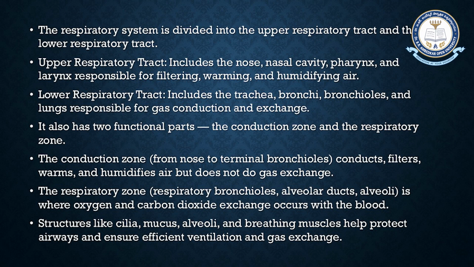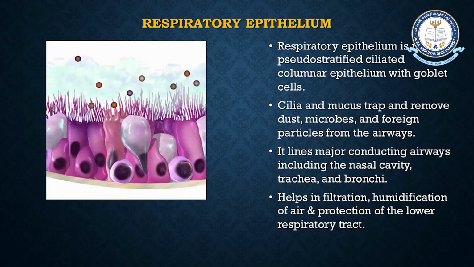While the respiratory zone is the zone which includes the respiratory bronchioles, alveolar ducts and the alveoli. They are responsible for the exchange of carbon dioxide and oxygen with the blood. Structures like cilia, mucus, alveoli and breathing muscles help protect the airways and ensure efficient ventilation and gas exchange.